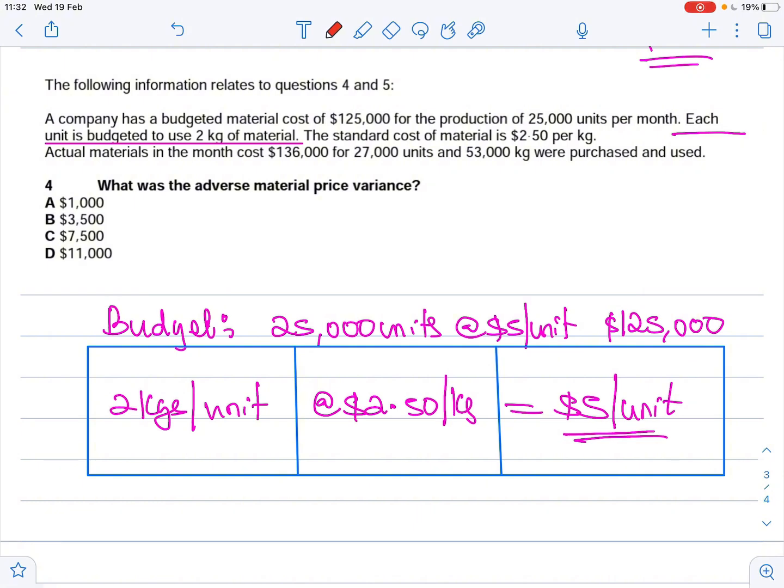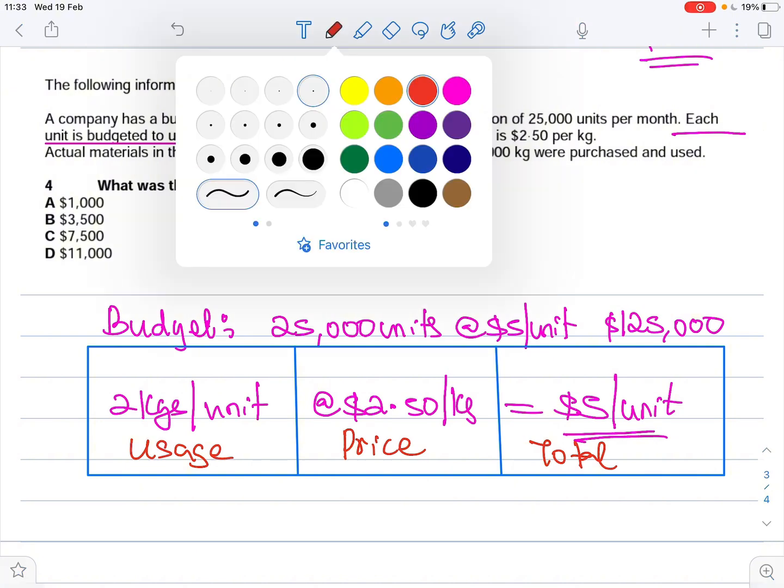The one that is talking about the quantity of the material needed to produce 1 unit, let's refer to this as the usage. And the one that is telling us the dollar per kg, let's refer to it as the price. How about $5 per unit? Let's refer to this as the total. Okay, all right, that is looking fine.